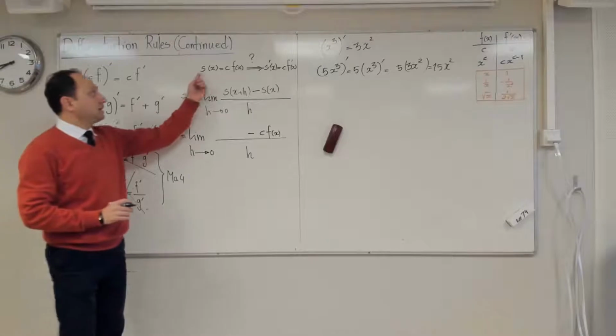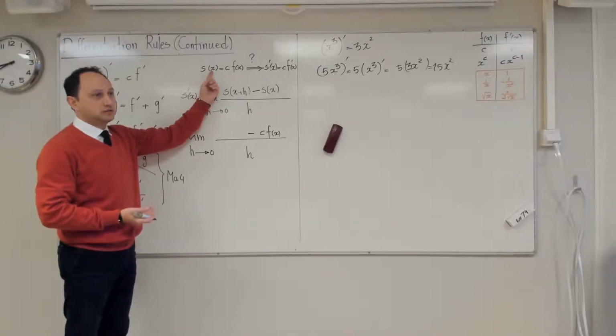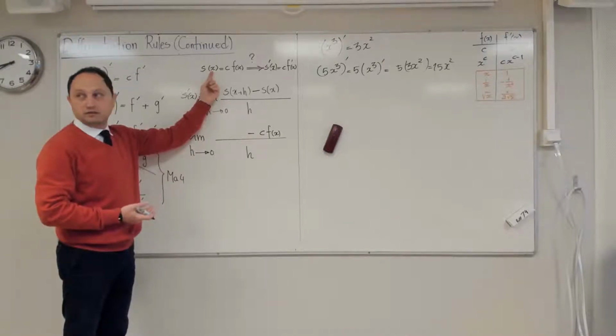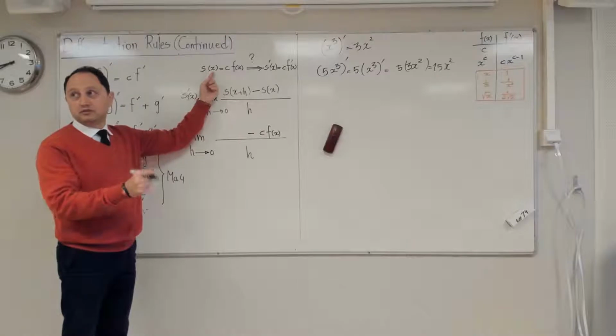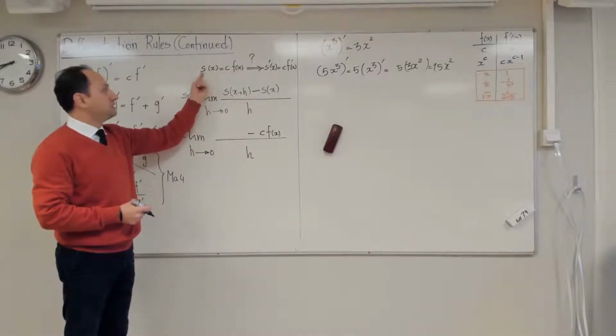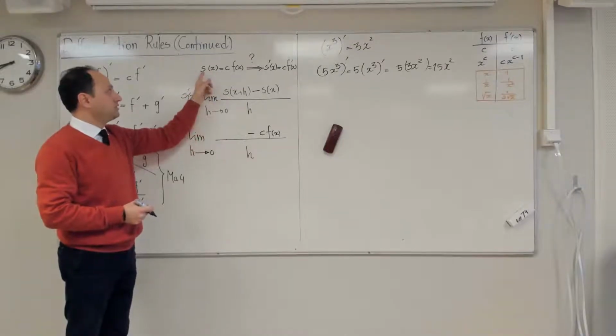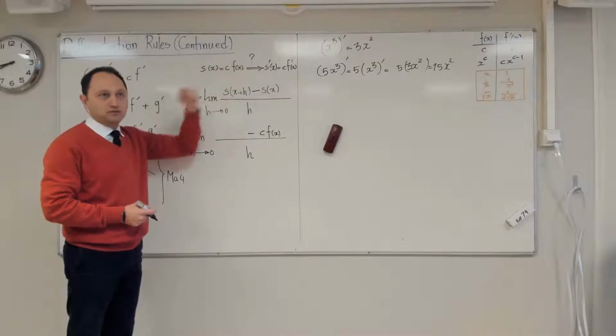You see, if I ask you what is s of 5, how do you answer? S is a function, x is the input. You put the input here, this function does something on it, gives it out to you.